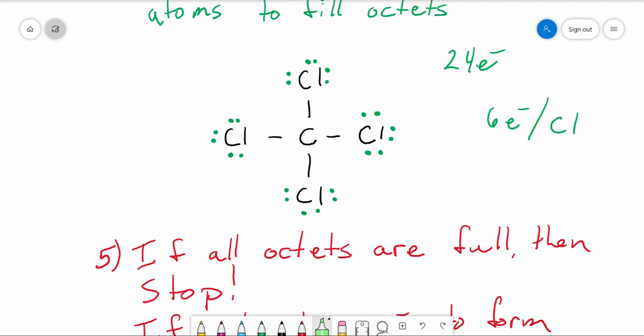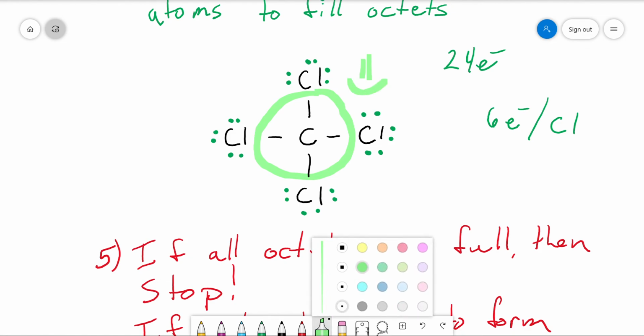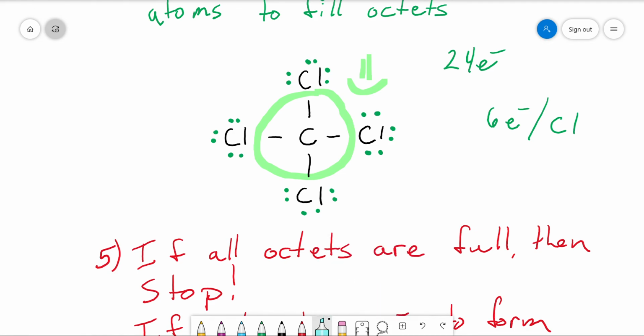What I'm going to do is circle all the electrons for carbon. Inside that green circle we have 2, 4, 6, and 8. So carbon gets a smiley face. Carbon's good. We don't need to worry about it. Now, let's do chlorine. Let's just do this chlorine. Doesn't matter which one we pick.